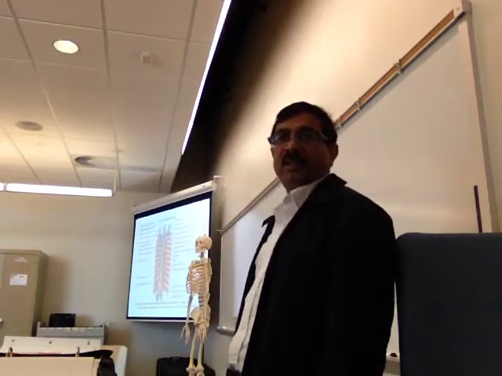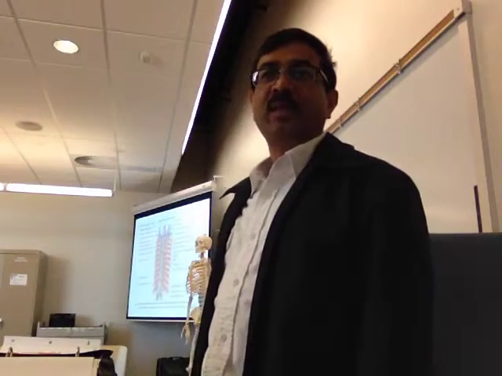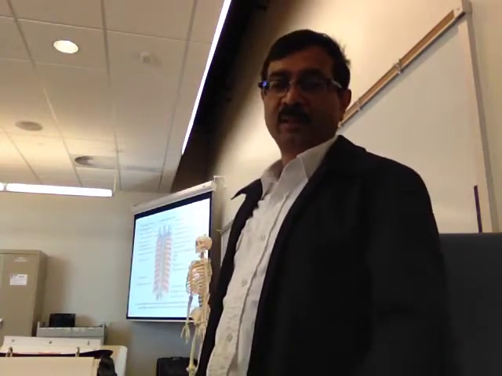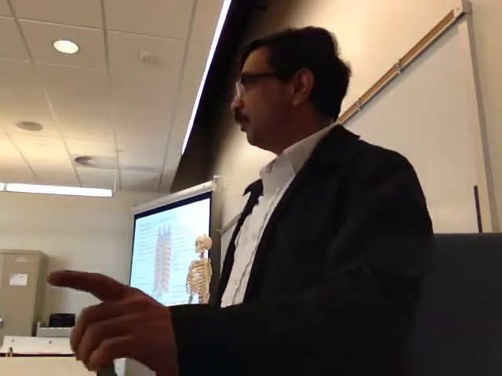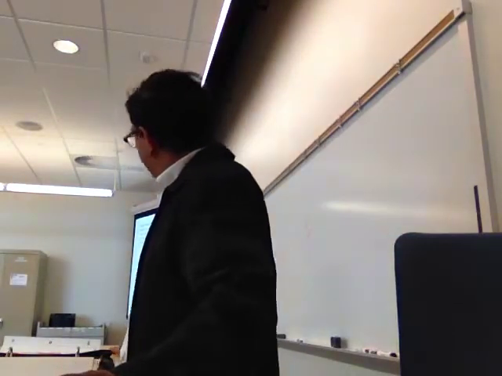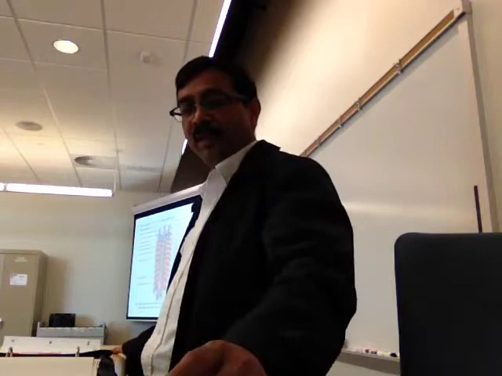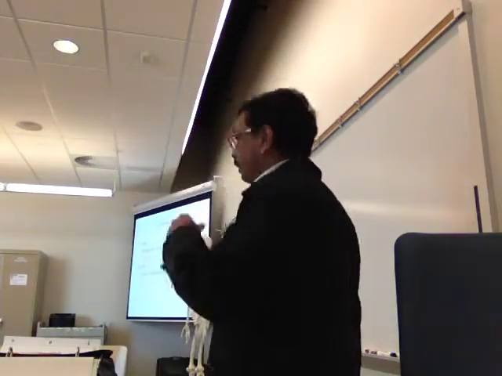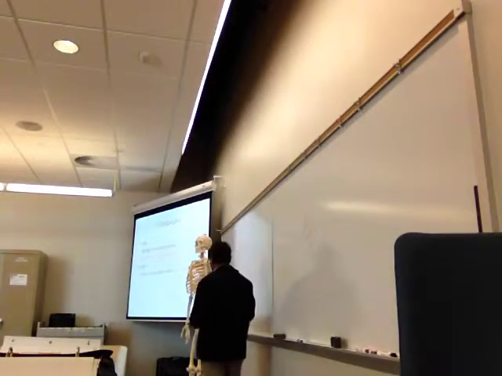Okay, here you see again the thoracic duct on the vertebral column, and the right lymphatic duct only in the upper part and on the right side of the vertebral column. And both of them drain the lymph at the junction of the subclavian and internal jugular. Okay, so that's the lymphatic vessels.